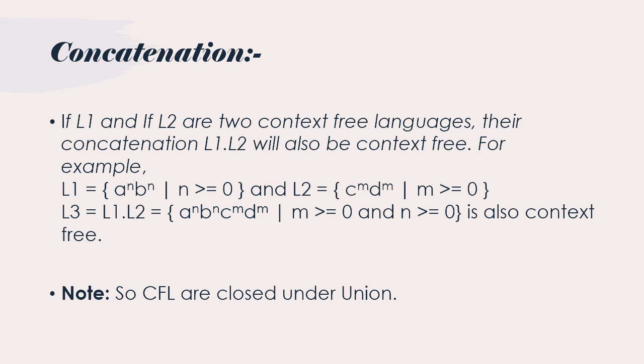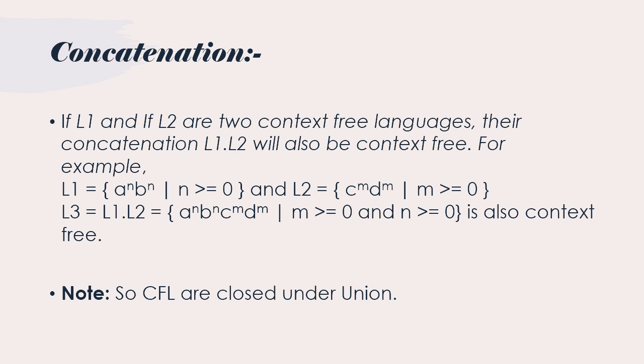The concatenation of the languages L1 and L2 is defined as L3 here. L1 dot L2 is of the form a^n b^n c^m d^m, where m and n are greater than or equal to 0, which is also context-free.